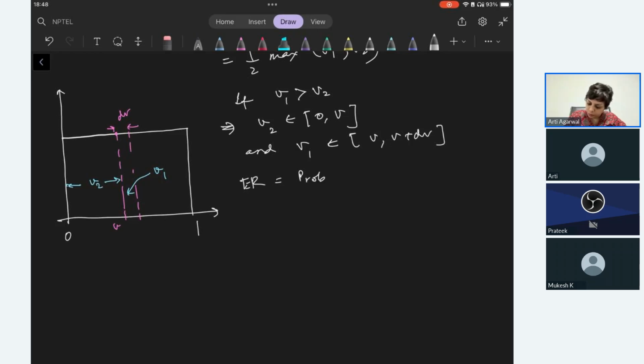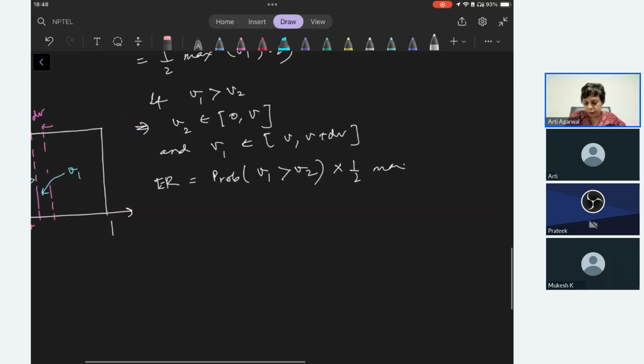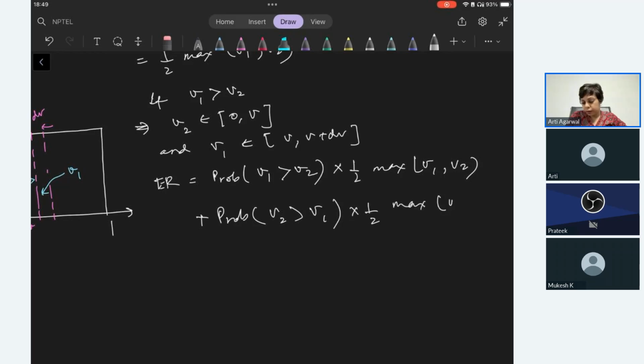Probability of V1 greater than V2 into half of max V1 comma V2, plus probability of V2 greater than V1 into half max V1 comma V2.